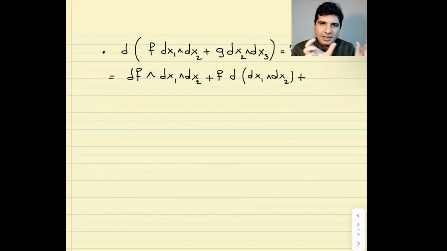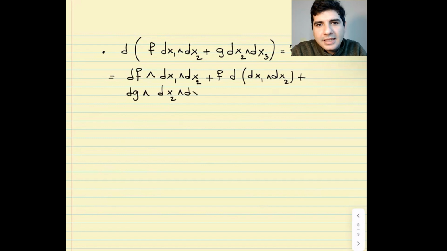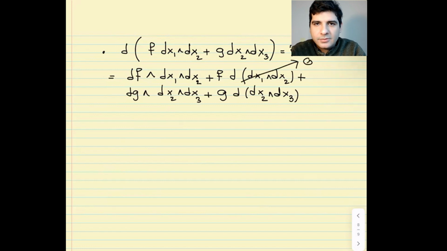So I broke f dx1 wedge dx2 into two parts. Now for the second part, I have d of g wedge dx2 wedge dx3 plus g d of the rest, which is dx2 wedge dx3. Now we learned d of dx1 wedge dx2 is 0, d of dx2 wedge dx3 is 0.